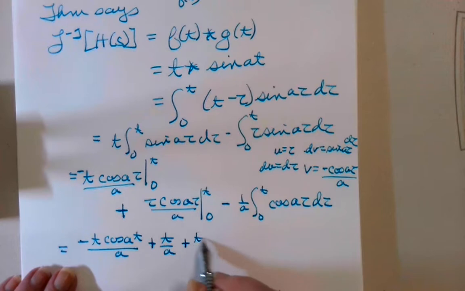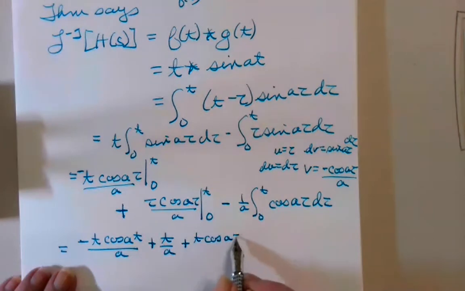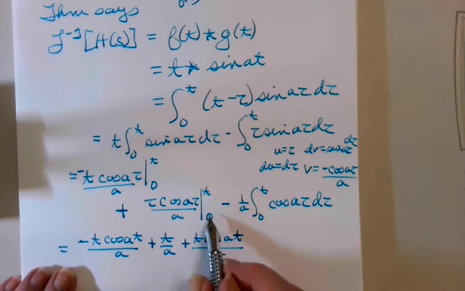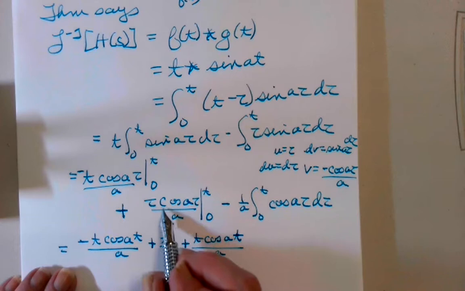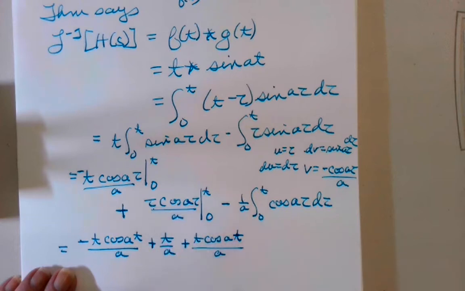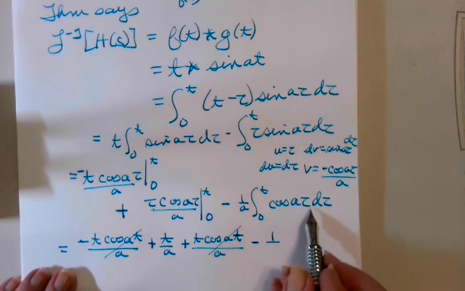So we'll get a t cosine a t over a, and then subtract the value at 0. When I subtract the value at 0, I get 0 because of this one. And then notice this term cancels this term. And now we have a minus 1 over a, but you have to integrate cosine.